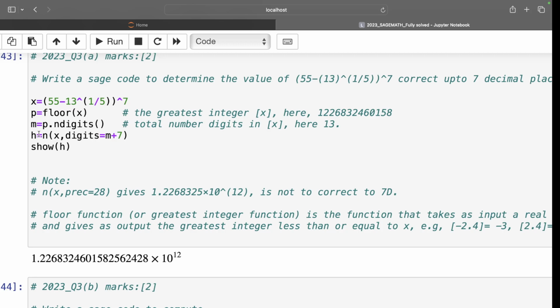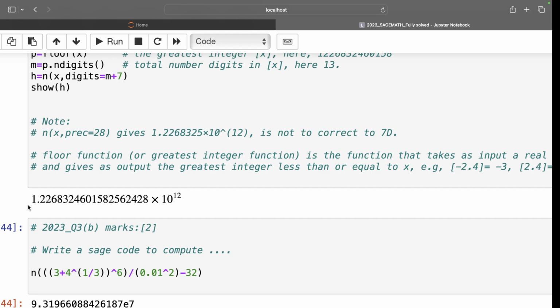So h equal to numerical approximation x comma digits equal to m plus 7. So m is 13 because there are 13 digits in the integer part, and plus 7 is the 7 decimal places. So the correct answer is 1 point this into 10 to the power 12.